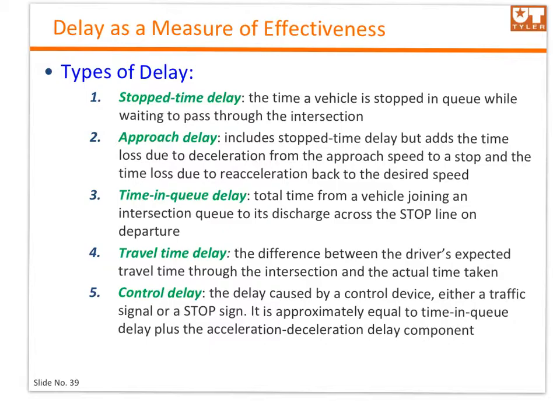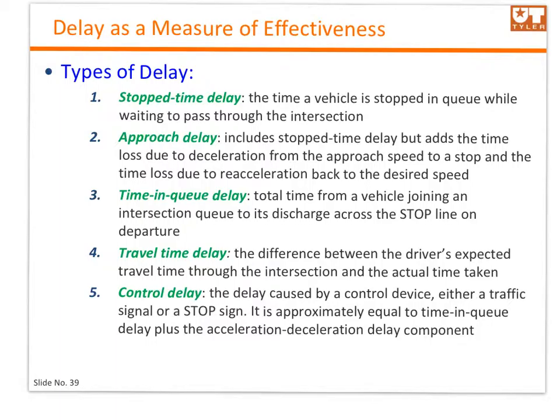The approach delay includes the stopped time delay but adds the time lost due to deceleration from the approach speed to a stop, and the time lost due to re-acceleration back to the desired speed. So this is the added delay when we decrease our speed if we see the light is red, or increase our speed when the light turns from red to green.